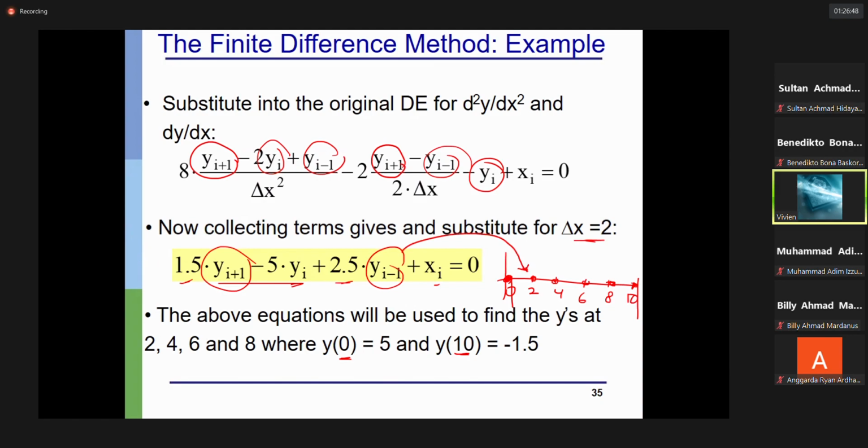For example, if we want to find y at 2, that will be calculated from y at 4 minus 1.5y at 4 on the right side, yi plus 1, minus 5 times y at 2, plus 2.5 yi minus 1, the point at 0, plus xi, that will be equal to 0.